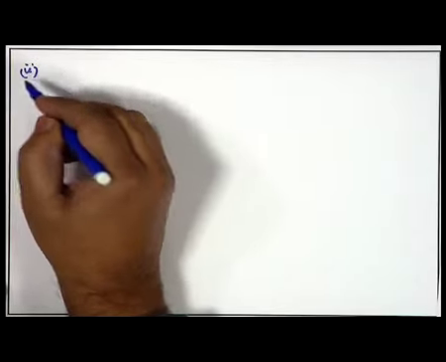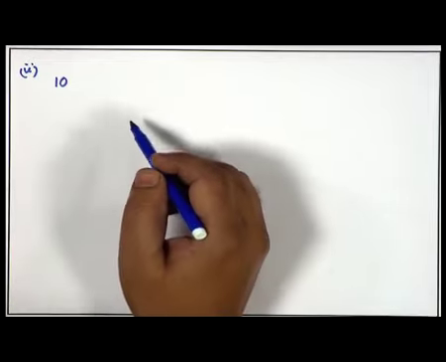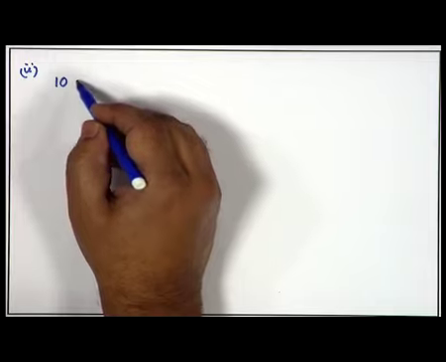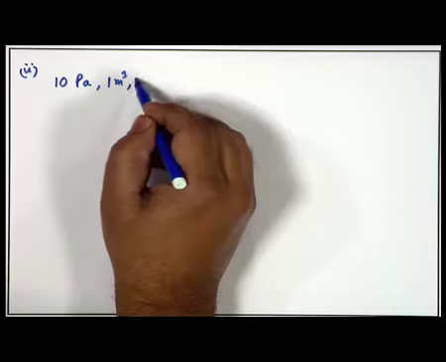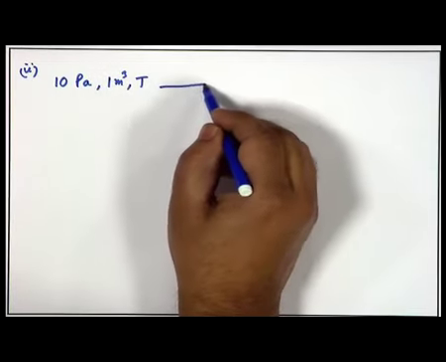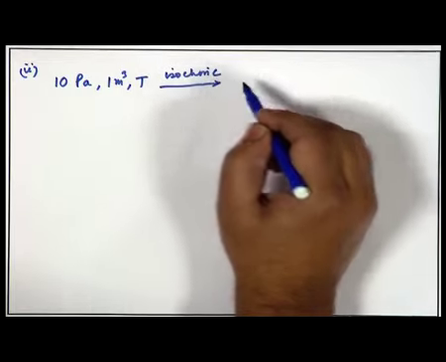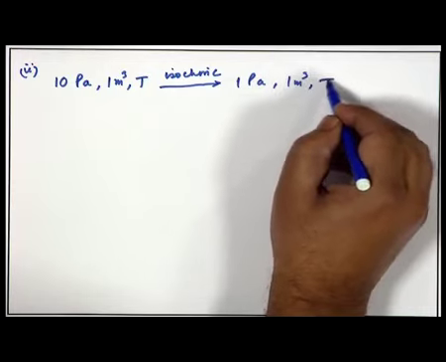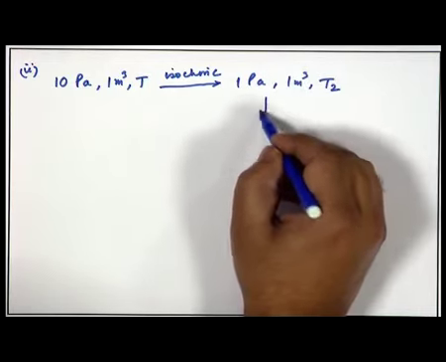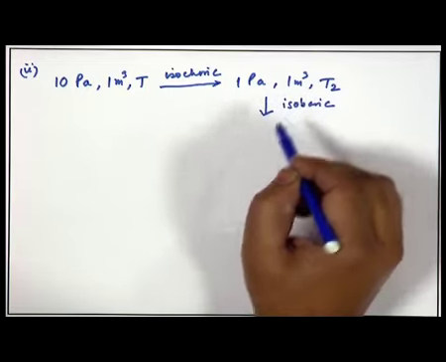Now, in the second part of this question, we will do the same thing. Instead of a reversible isothermal way, we will do it in two parts. Like I will take 10 Pascal, 1 meter cube, T, and then first do an isochoric, constant volume process, take it to some other temperature, and then do an isobaric, constant pressure process.